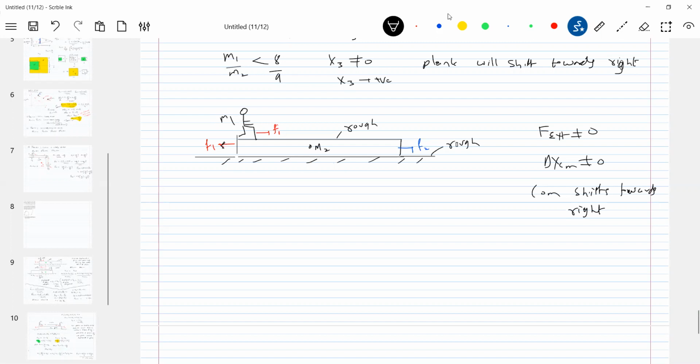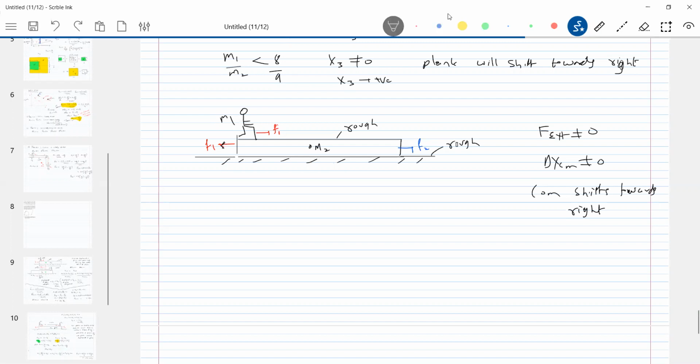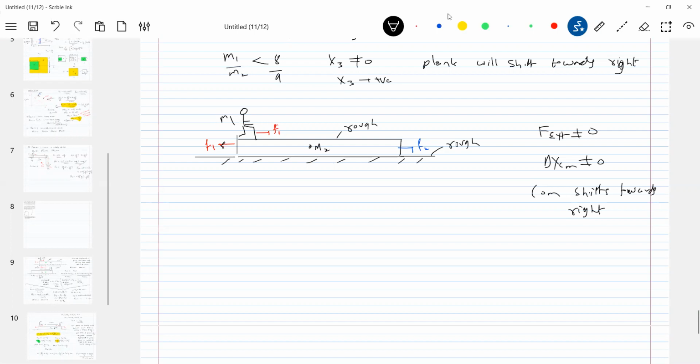Let's assume that the friction F1, being static friction, can overcome the kinetic friction F2. Whether F2 is static or kinetic, irrespective of that, the plank will shift, or the plank may stay at rest. A net external force is acting, and the center of mass will shift in the direction of the net external force. So here the conclusion I can write: the center of mass shifts towards right.